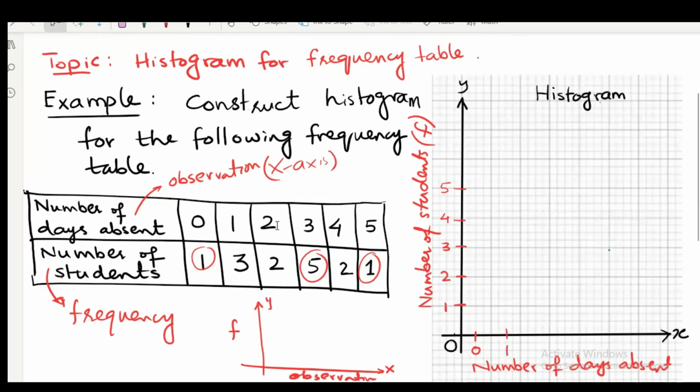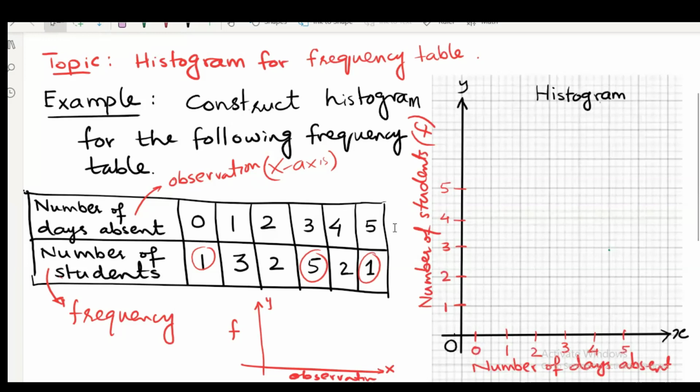Third value is 2, and the fourth value is 3 here. Fifth value is 4, and the last value is 5.